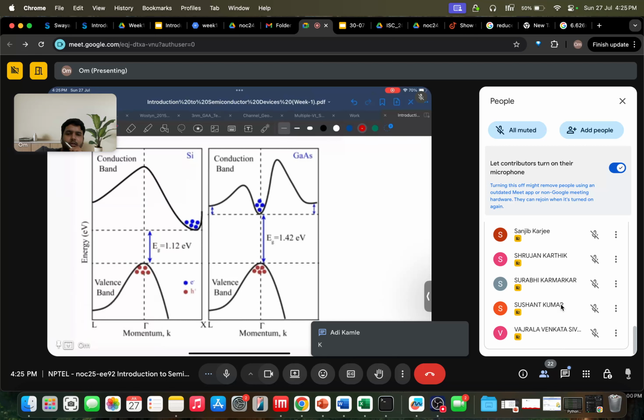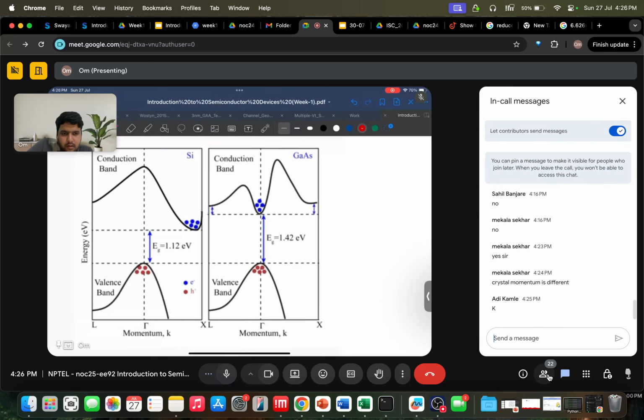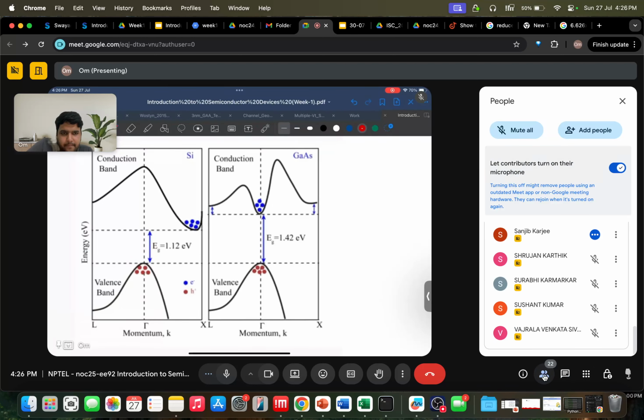K is wrong. Adi, can you? Conduction band and valence band. What is wrong in the conduction band and valence band? Sanjeev, can you explain what is wrong?